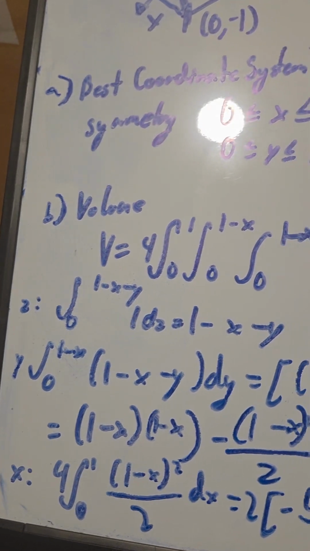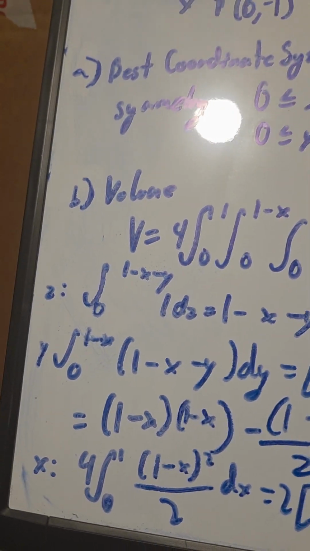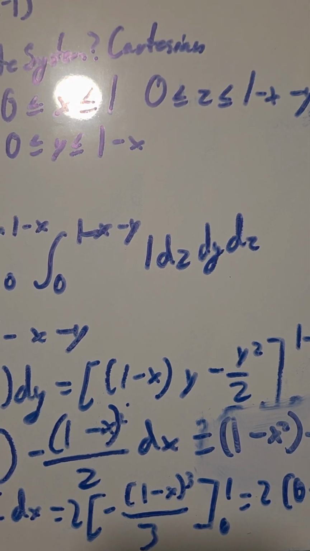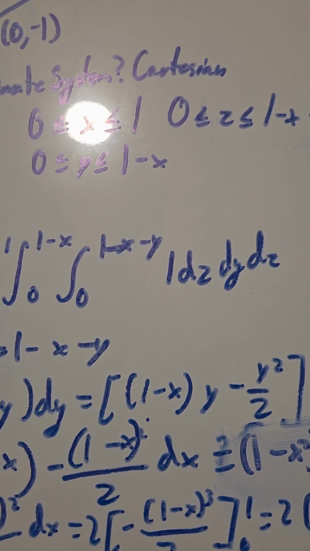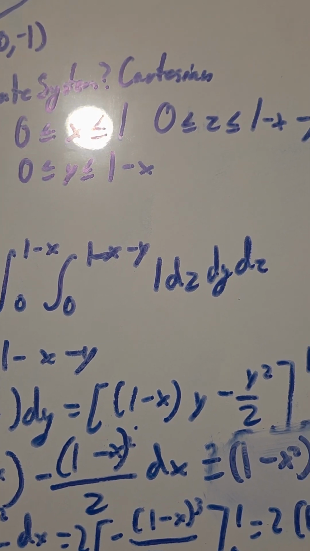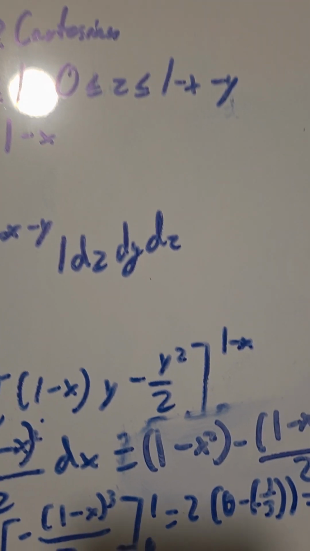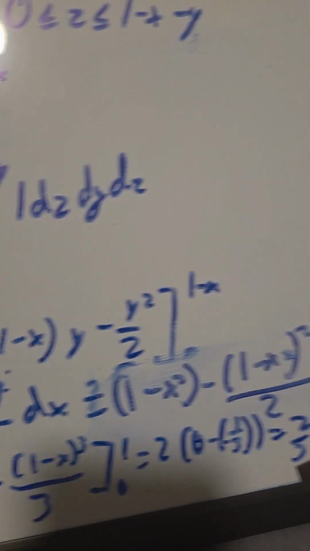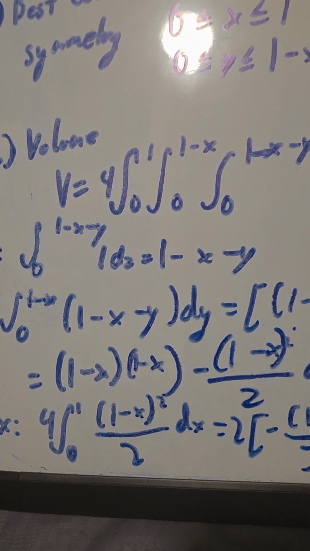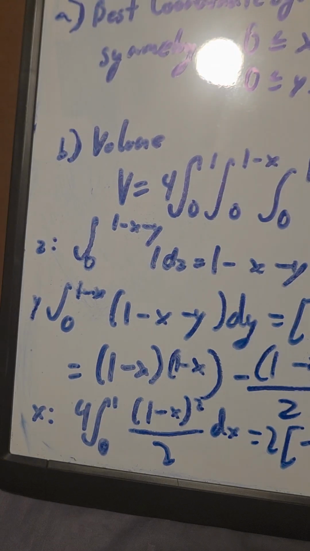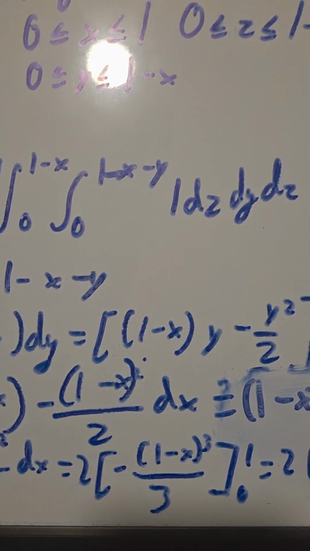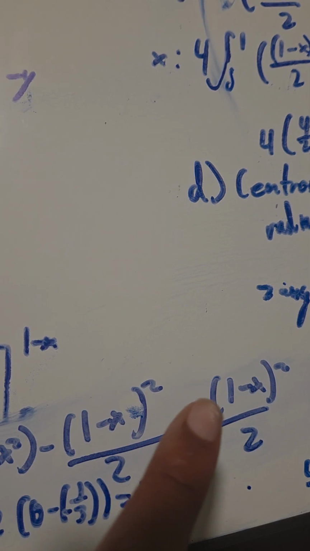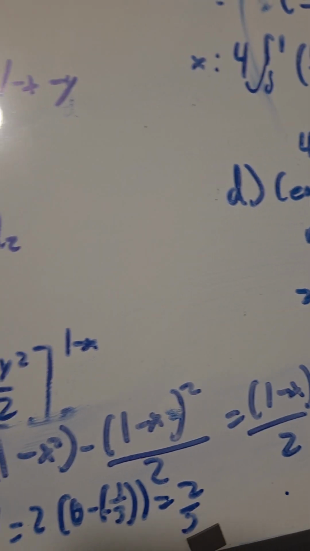Then integrating that with respect to y gives us (1 minus x) times y minus y squared over 2. And then evaluated, we expand that out, as you can see with the little work I've done down here, and it expands out to (1 minus x) squared over 2.